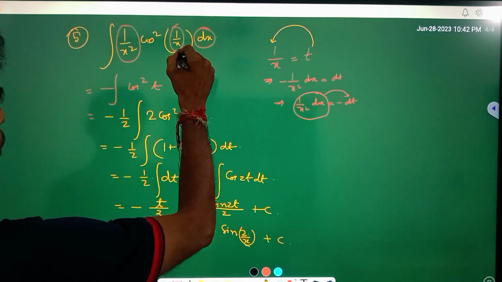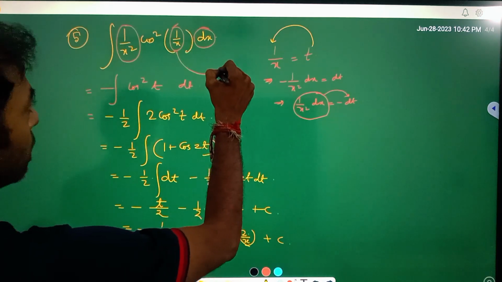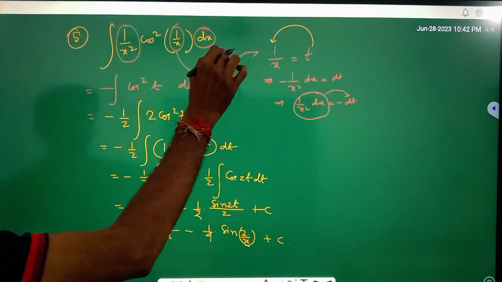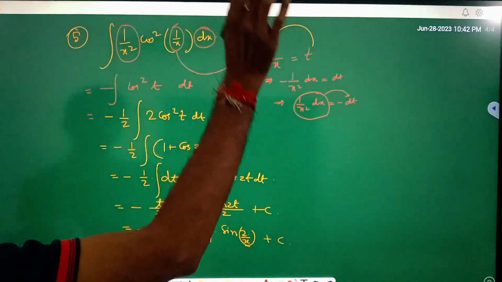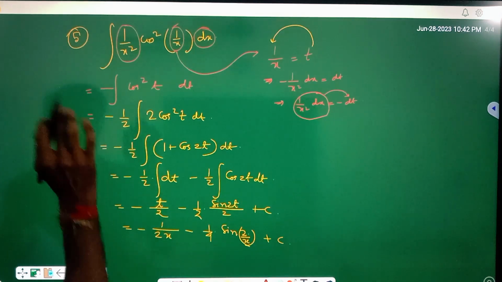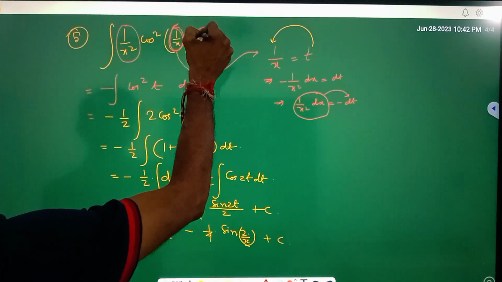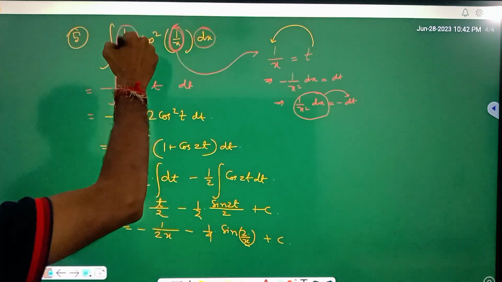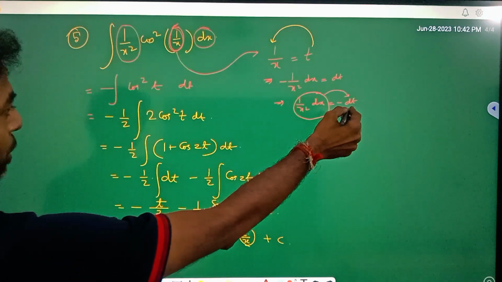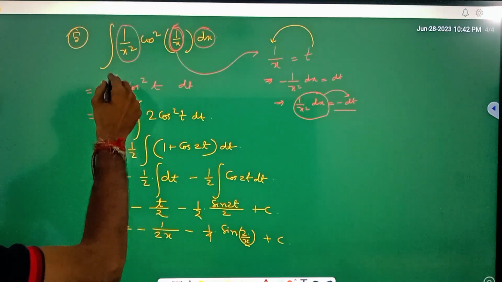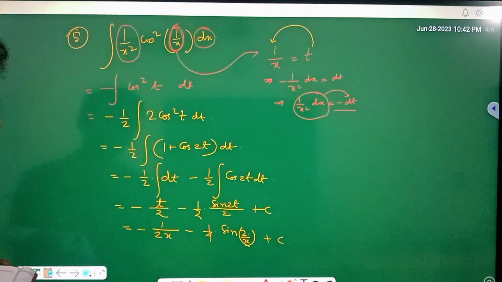You just need to remember that you are going to substitute 1 by x as t, and the remaining steps will follow very easily. The differentiation part is 1 by x square, and 1 by x square dx will be minus of dt. Just substitute it and you will get minus of integration cos square t dt, and the rest is very easy.